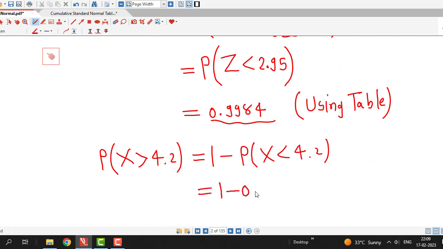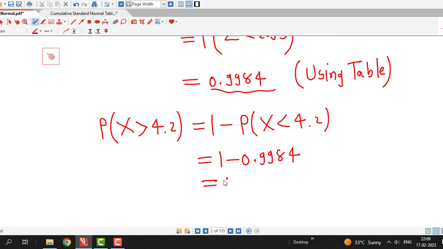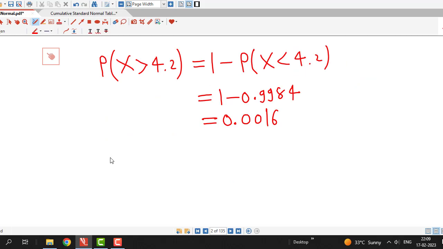So I subtract this from 1 and what is the difference between these two? So the difference is 0.0016.